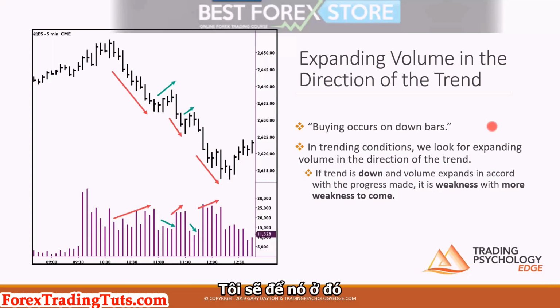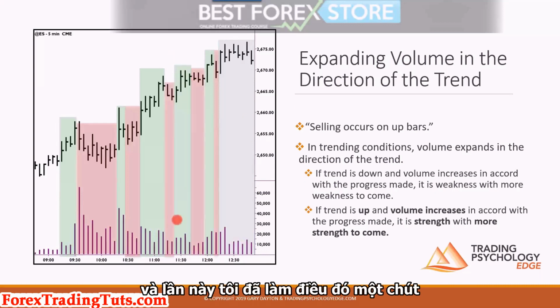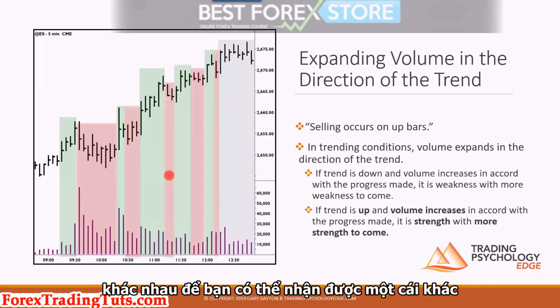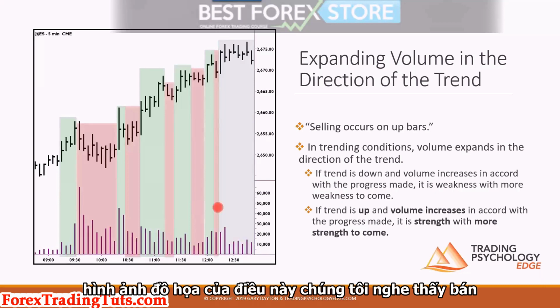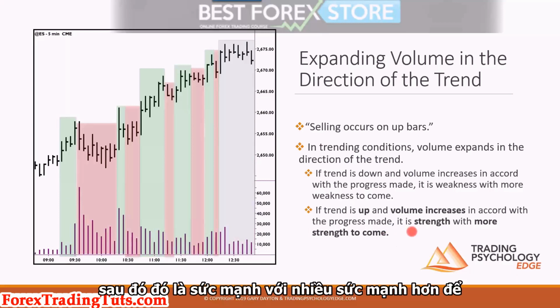Okay, I'll leave it there. The same thing is true on up bars, and this time I did it a little differently so you could get a different graphic picture of this. We hear selling occurs on up bars, and well, yes, it does, but if the trend is up and volume is increasing to the upside in accordance with the progress being made to the upside, then it's strength with more strength to come.